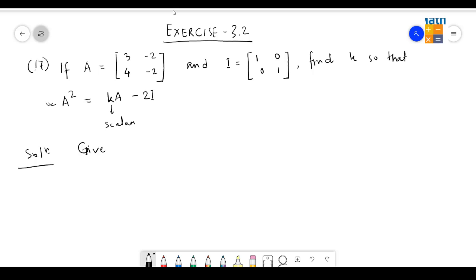Given capital A is equal to 3 minus 2, then 4 minus 2. So let us calculate what A square is.